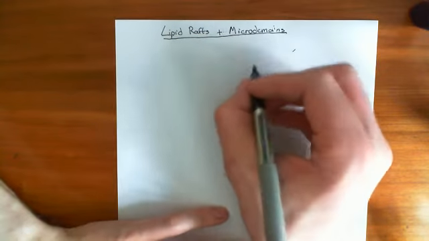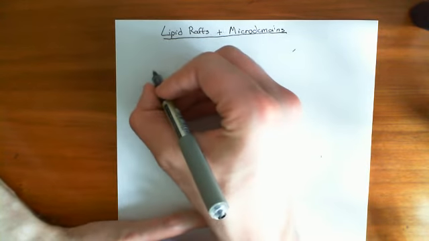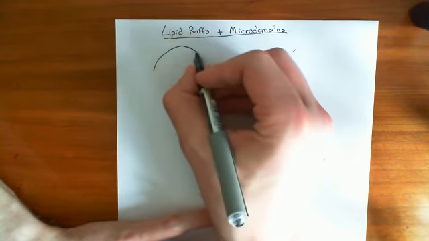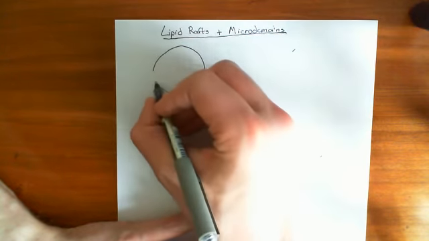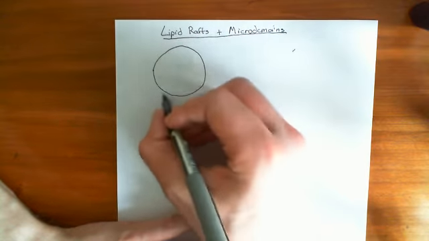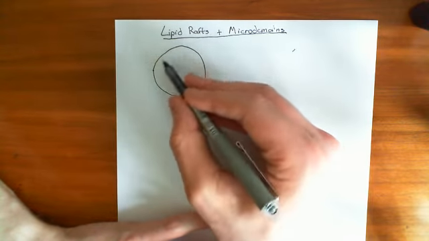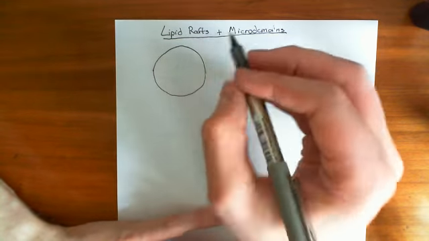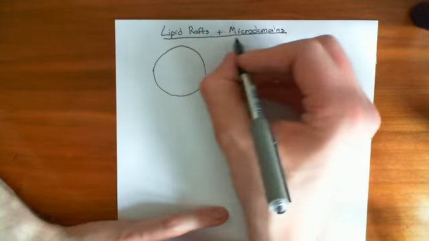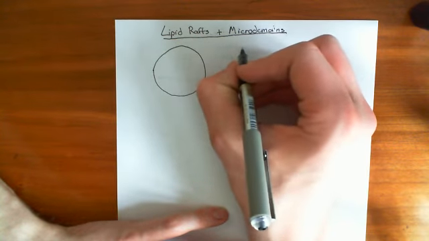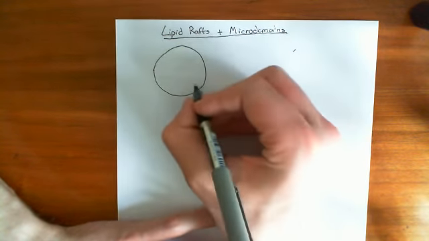So you may have once viewed the cell, or you may even still view a cell, as just being a blob with a cell membrane around the outside, and then a huge mass of cytoplasm inside. Well, these concepts are more grown up than that. The cell isn't that simple.